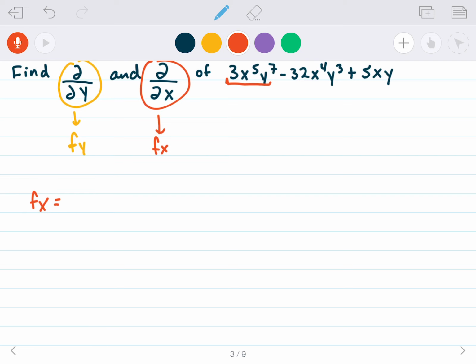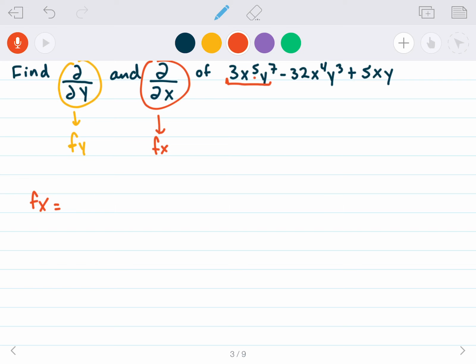So how do we do it? Well, again, everything that has a y, we treat like it's a constant number, and we know that the derivative of a constant is 0. So let's figure out the partial derivative with respect to x of this guy. If I take the derivative of 3x to the 5th, y to the 7th, this is the product rule.